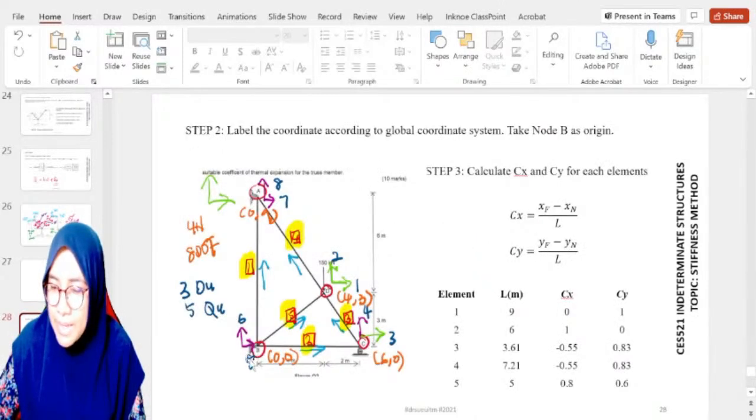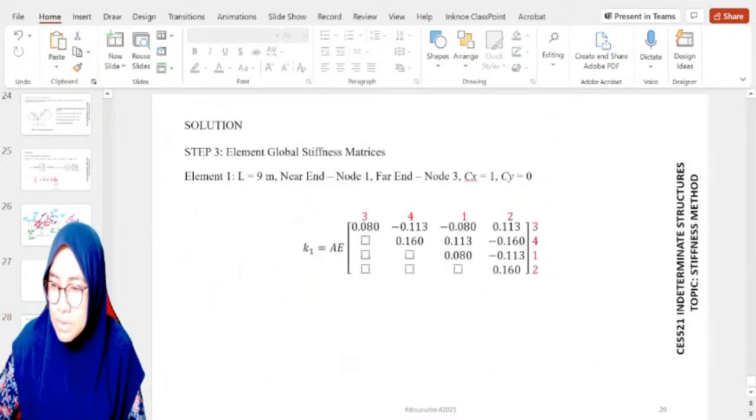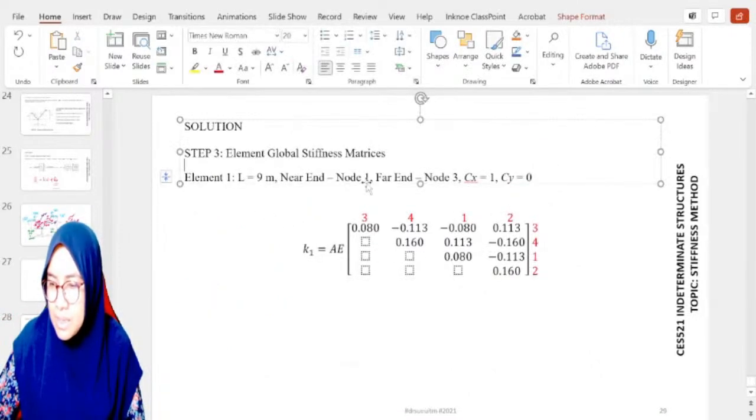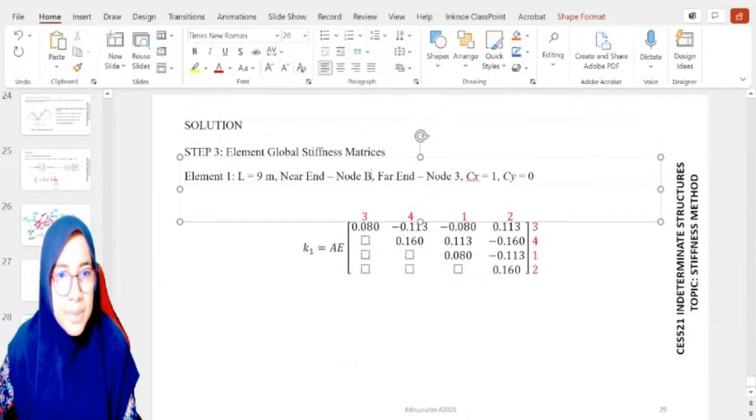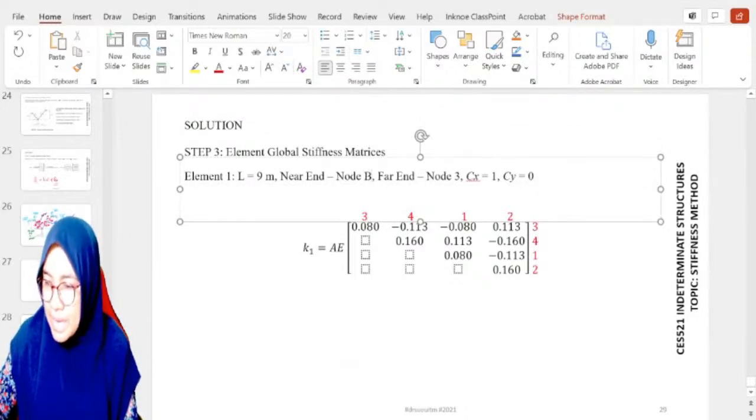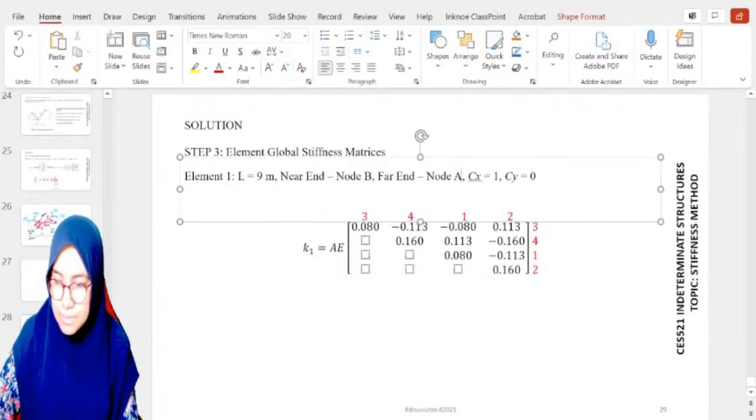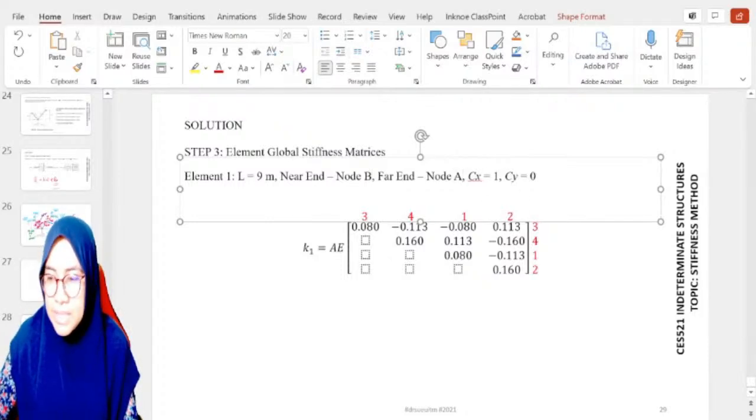For element number 1, near is B and far is A, so from B to A. Cx, Cy is 1, 0.